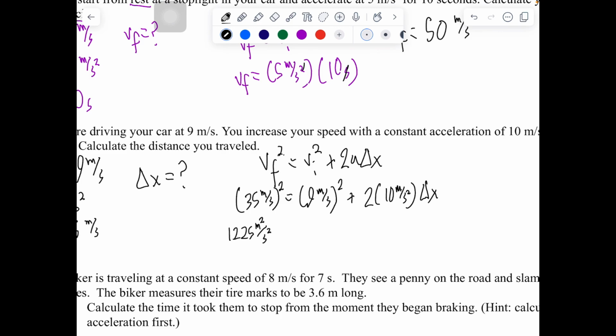So we get meters squared per second squared here. And we'll go ahead and subtract 81 from both sides.